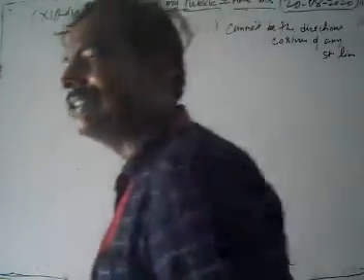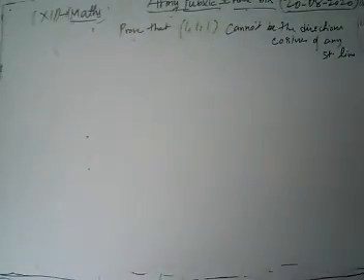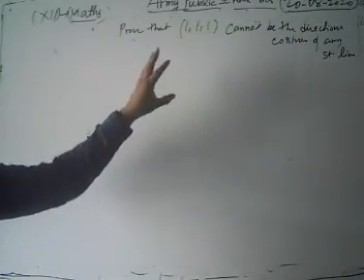Now, how can we check whether any given values of L, M, N are direction cosines or not?